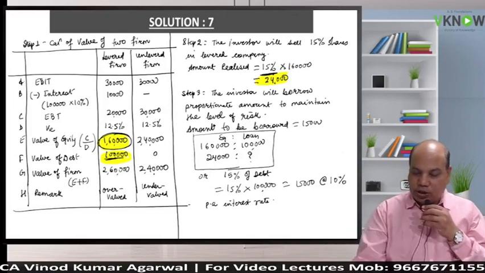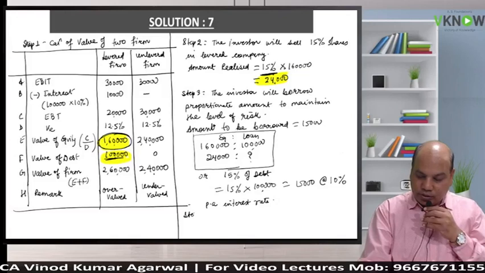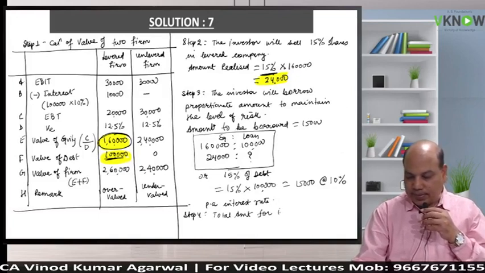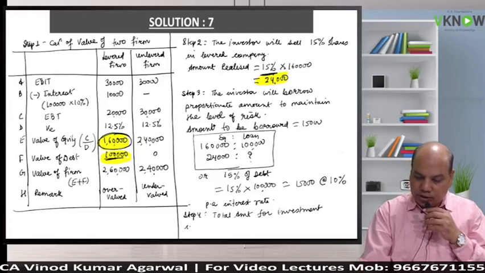Step number 4, write down first. Step number 4, total amount available for investment in unlevered firm.